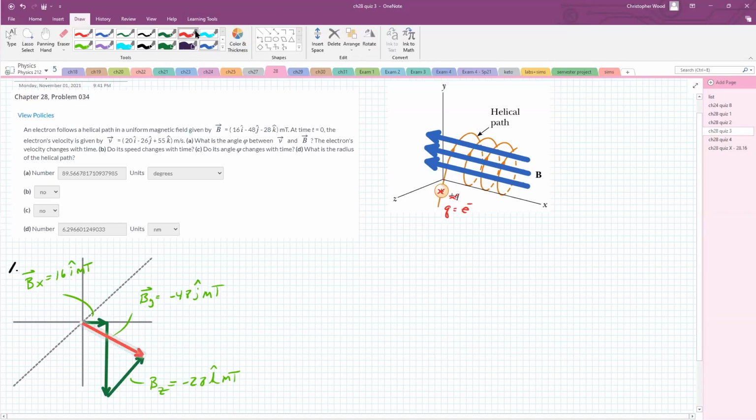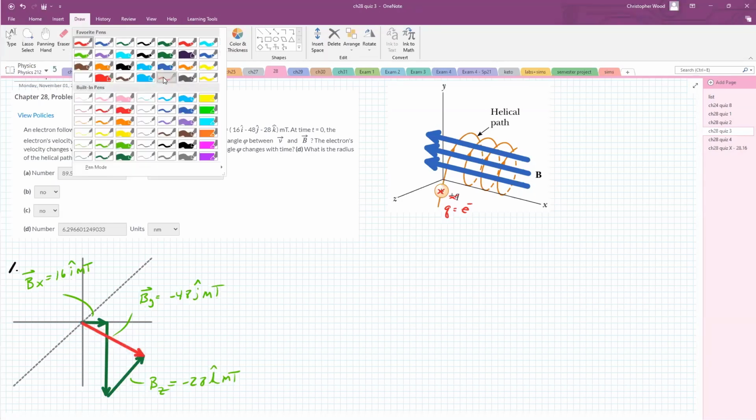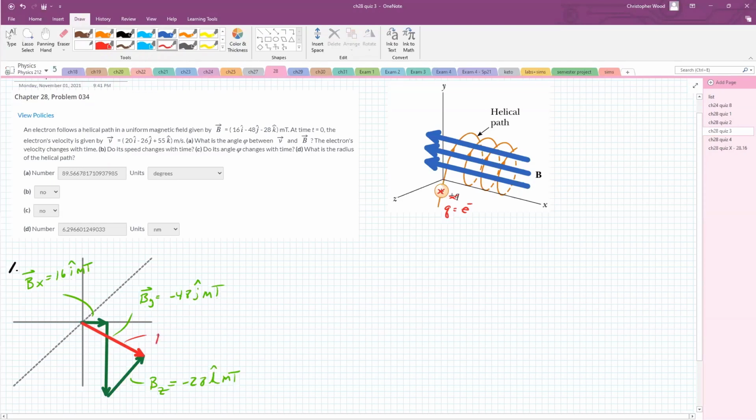All right, so this would be my net magnetic field. Like this. So my net magnetic field is just B_x I hat plus B_y J hat plus B_z K hat. And I have all of those unit vectors.